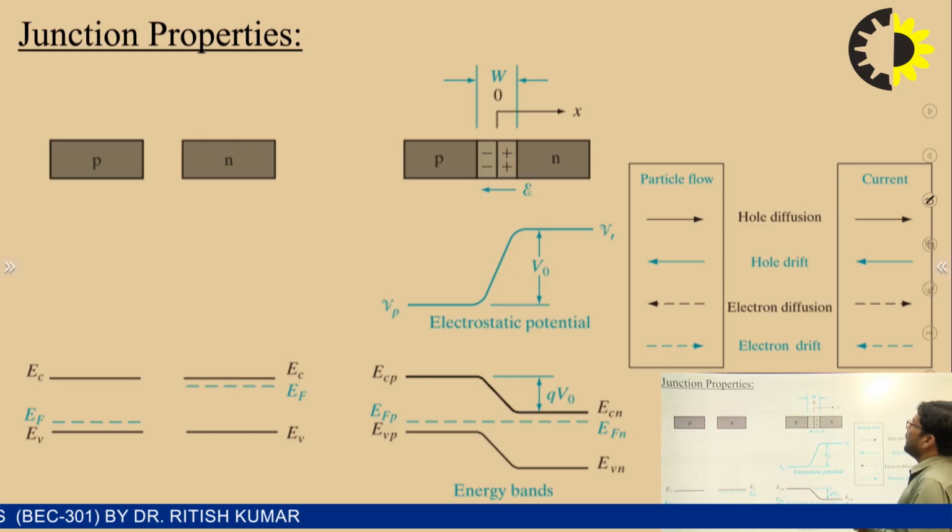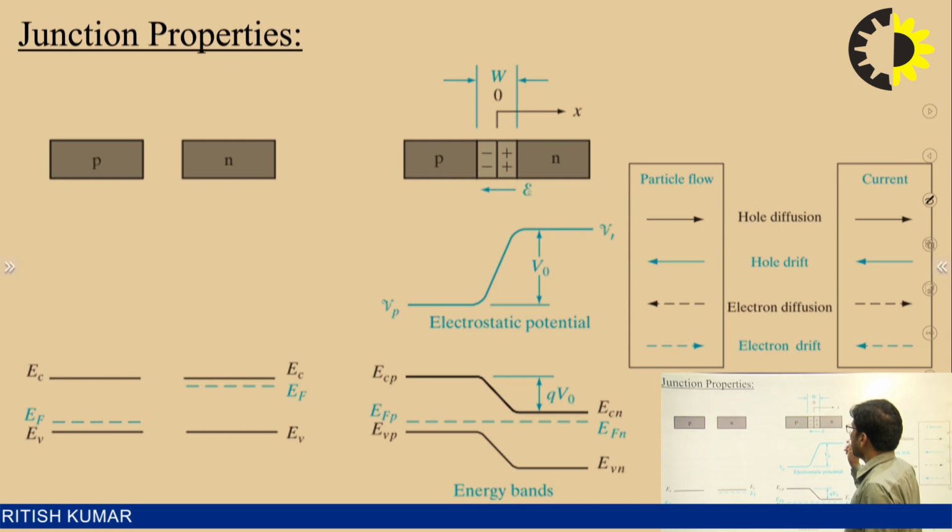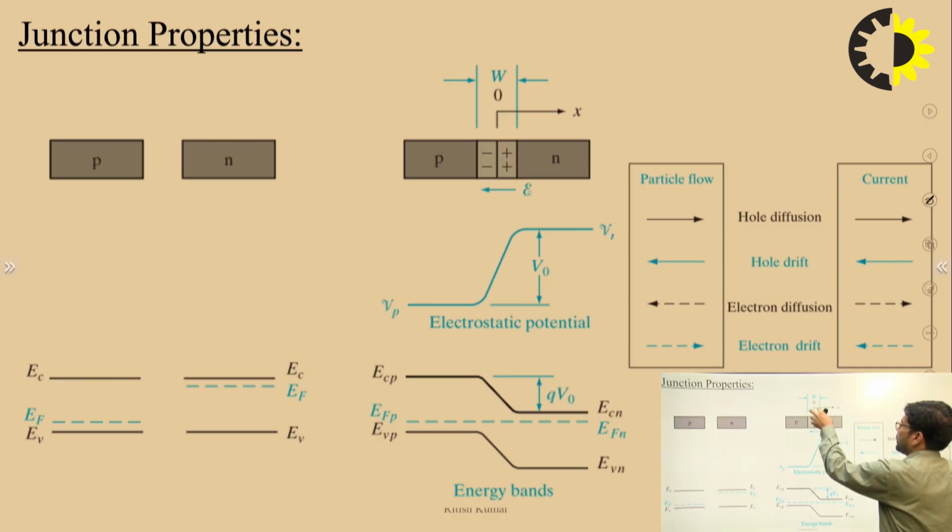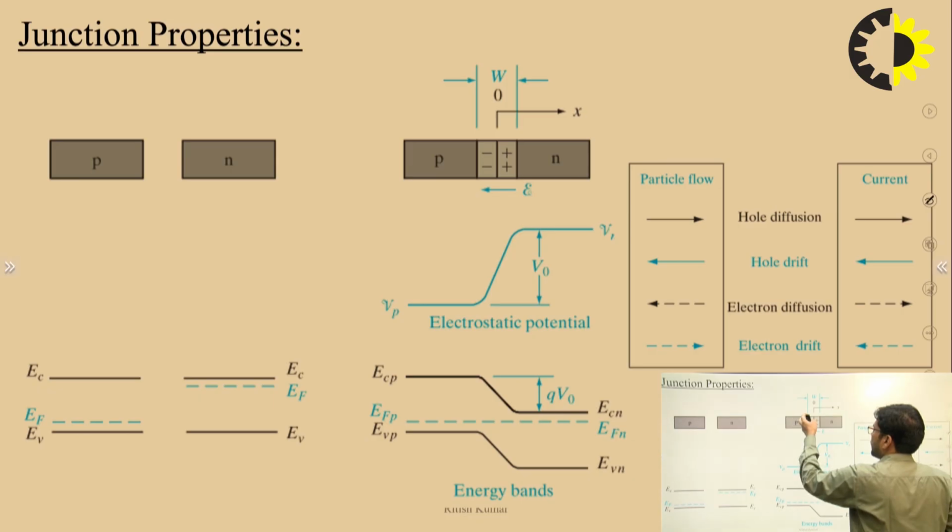And if I say what should be the electric field direction for the PN junction diode, you can see here for the n-type, in the depletion layer we have the positive charge, and in the p-type case we have the negative charge.